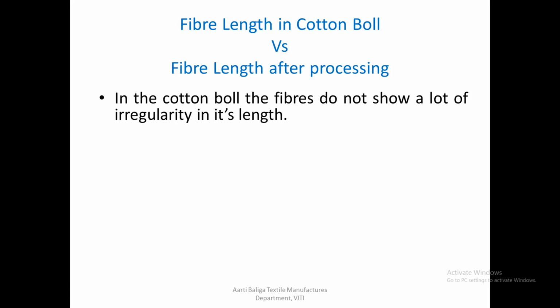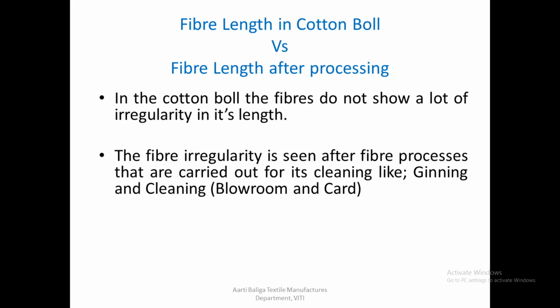The fibers are almost of similar length. It is only when you go for processing, for cleaning, that is blow room and card, that you will find the fibers show a lot of variation in their lengths, and this is technically called fiber irregularity.